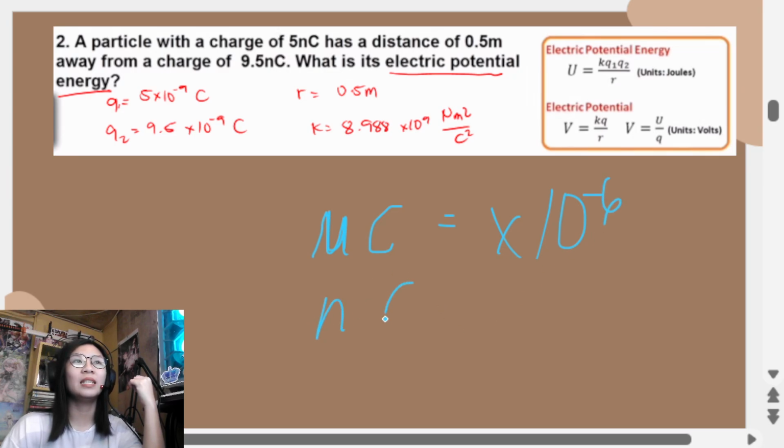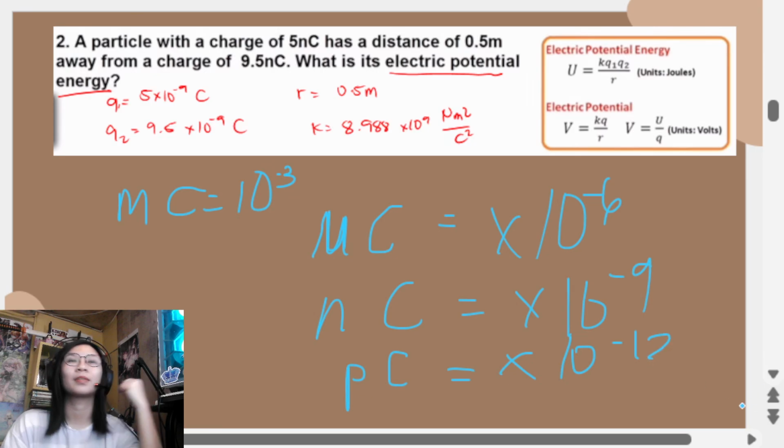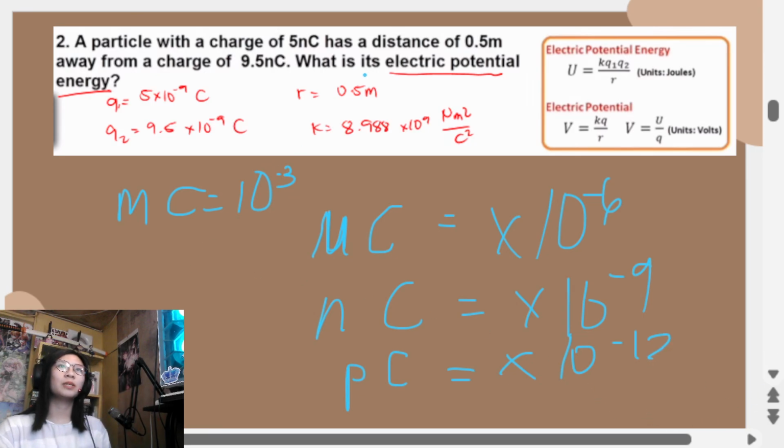If it's N, that is times 10 raised to negative 9. If it is M, millicoulomb, then that is times 10 raised to negative 3. If it is PC, that is pico, times 10 raised to negative 12. So remember that.